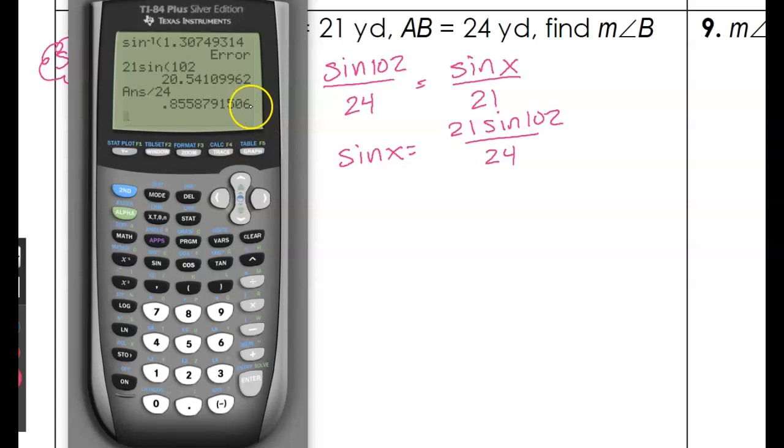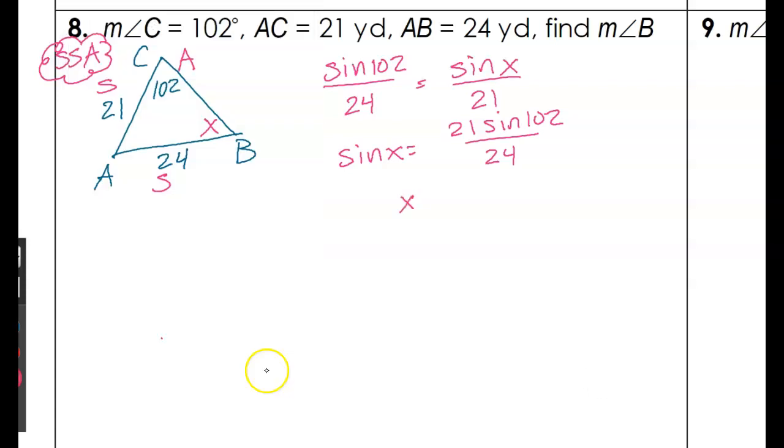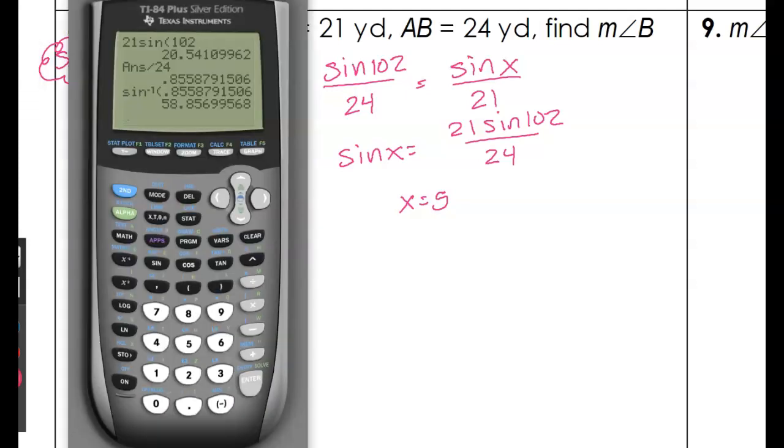And then this is what sine of x is equal to. So to get x by itself, you do inverse sine. Anytime you're missing the angle, you have to do inverse function. I get 58.86. So you getting an actual value here means that there is at least one possible triangle. You got to check for the second, but you know there is at least one.